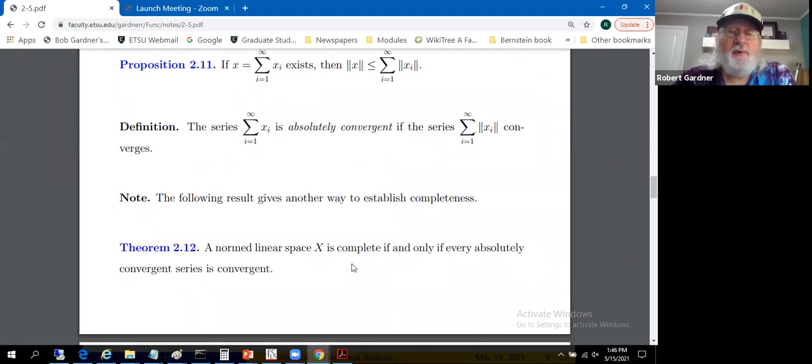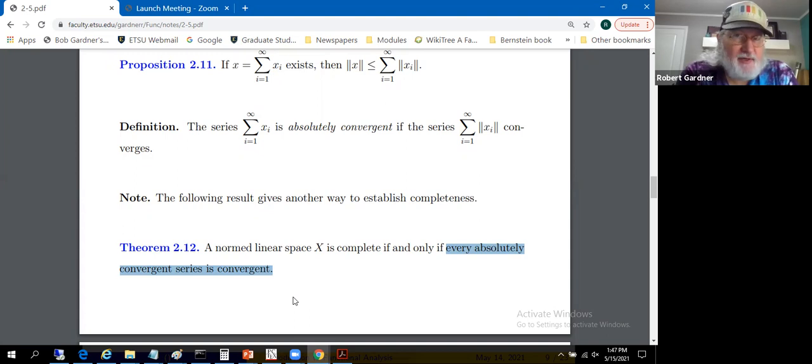All right, the following result gives another way to establish completeness. It says a normed linear space X is complete if and only if every absolutely convergent series is convergent. Okay, you've seen in the setting of the real numbers some convergent series that are not absolutely convergent.